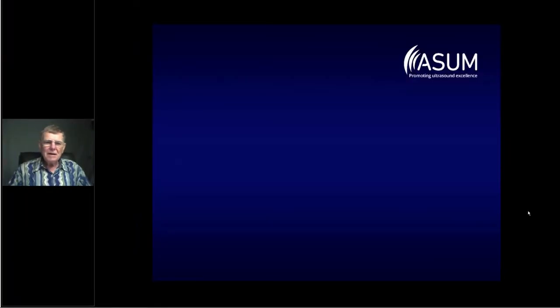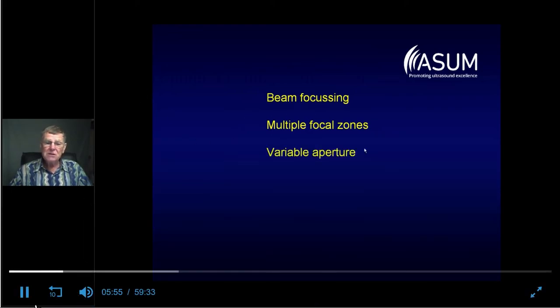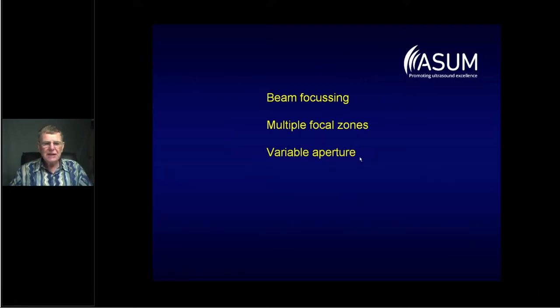Hello there and welcome. Today we're going to get a little bit more involved with the physical principles of ultrasound. The topics I'm going to look at in this session revolve around beam focusing. That will include looking at multiple focal zones, variable aperture, which is incorporated in most machines when you're using multiple focal zones.